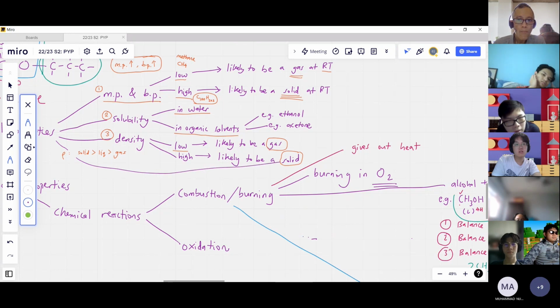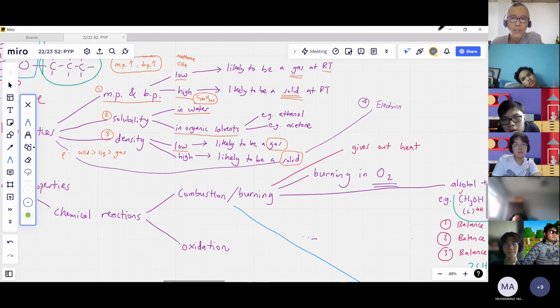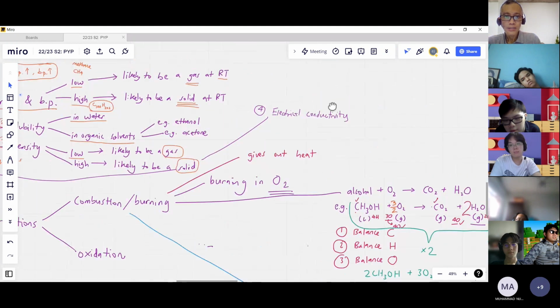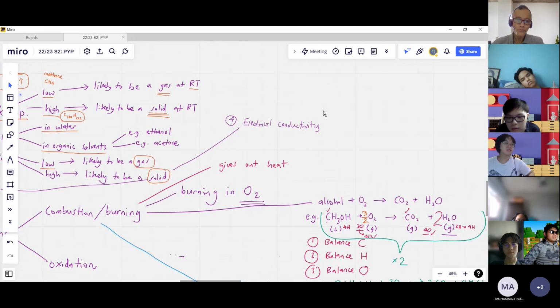The fourth one is quite commonly encountered in your N level. So right, that is your electrical conductivity. Again, hopefully you still remember a bit of stuff. Now, I think the rules are very simple.